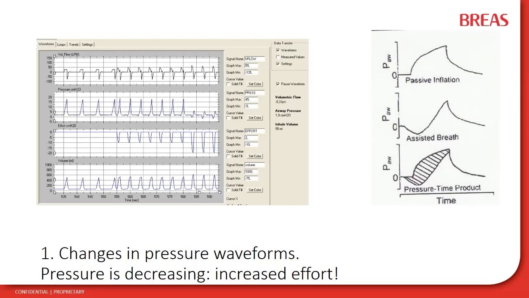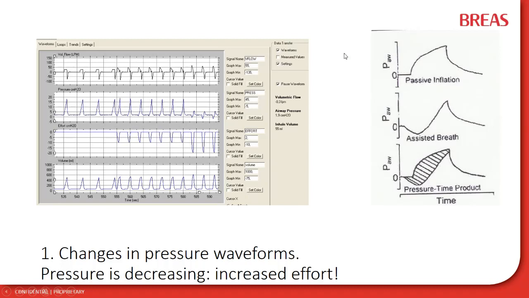A passive inflation is the same that we can see here. It's a controlled cycle, an assisted breath, and the difference between the assisted breath and the passive inflation, this shadowed area, is directly proportional to the work of breathing. This is the so-called Campbell's diagram, and it's very well known by the intensivist.